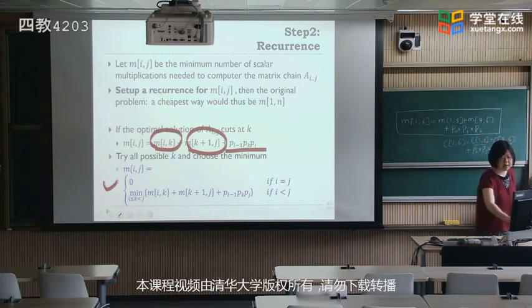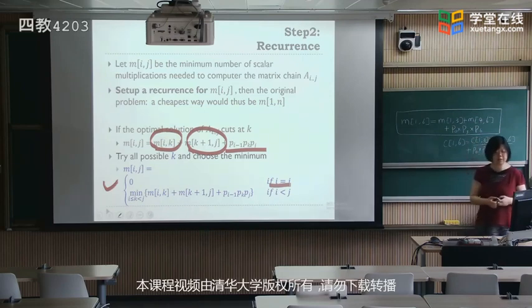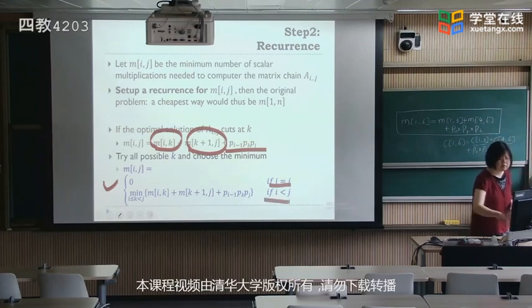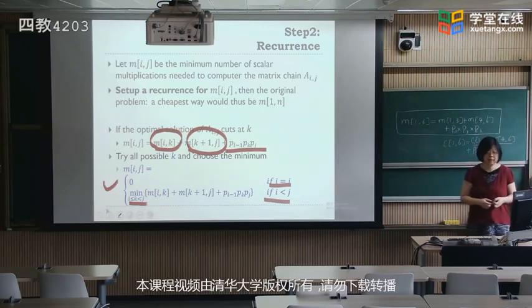When i equals j, Mij equals 0, that means for a single matrix, the cost is 0. You don't have to perform any multiplication. And for a matrix chain that is longer than just one matrix, we have to try all possible k. k goes from i to j minus 1.